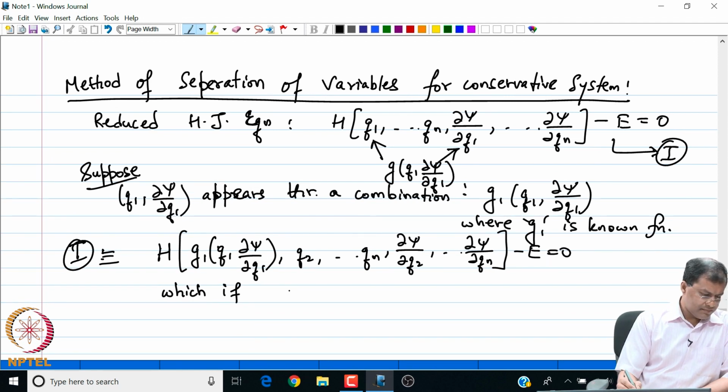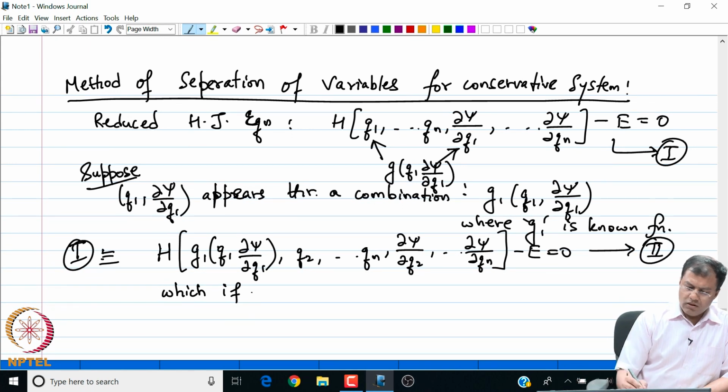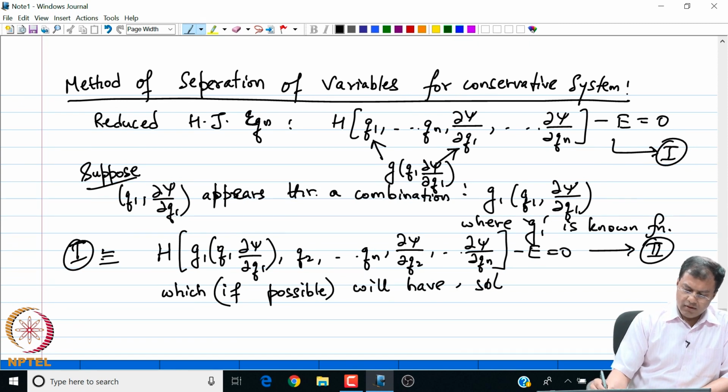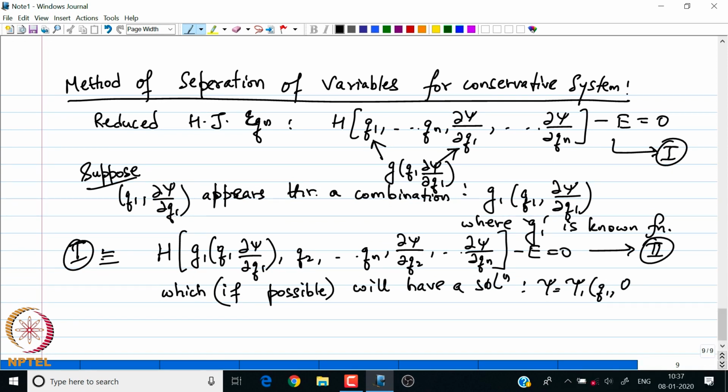Let me call this expression 2, which, if possible, will have a solution of the form psi is equal to psi 1 of q1 comma Q plus r1, the second function in which all the other variables can be clubbed, right.